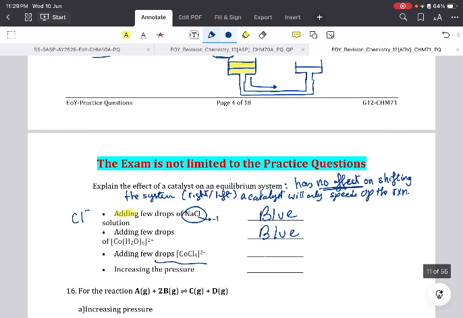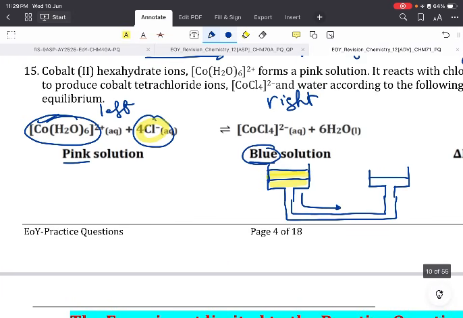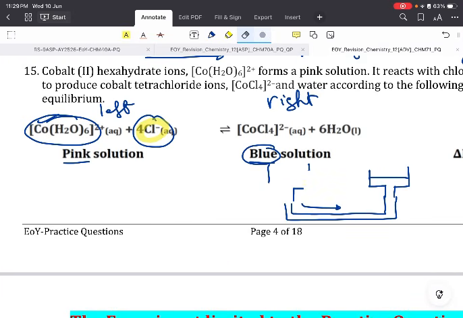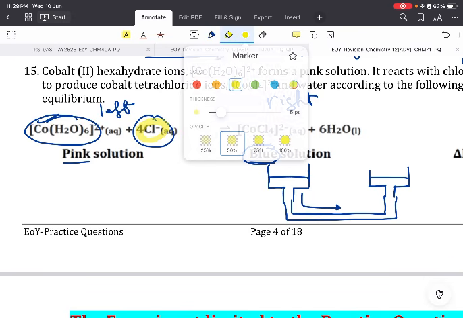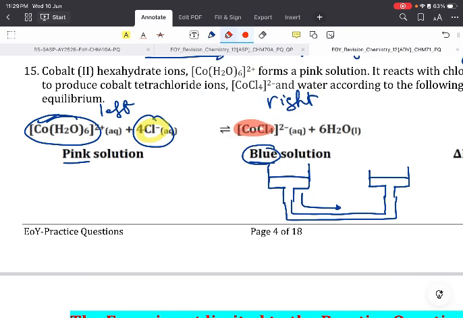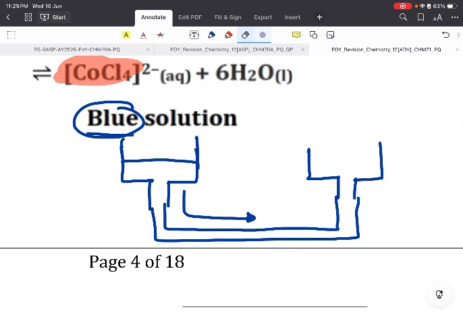Now, adding drops of CoCl4. I'm going to erase this and again draw this water tank, and I have the water at the same level. When they tell me that they have added CoCl4, CoCl4 is on this side of the water tank, or as if the water is on the right side, and we just added more of it.